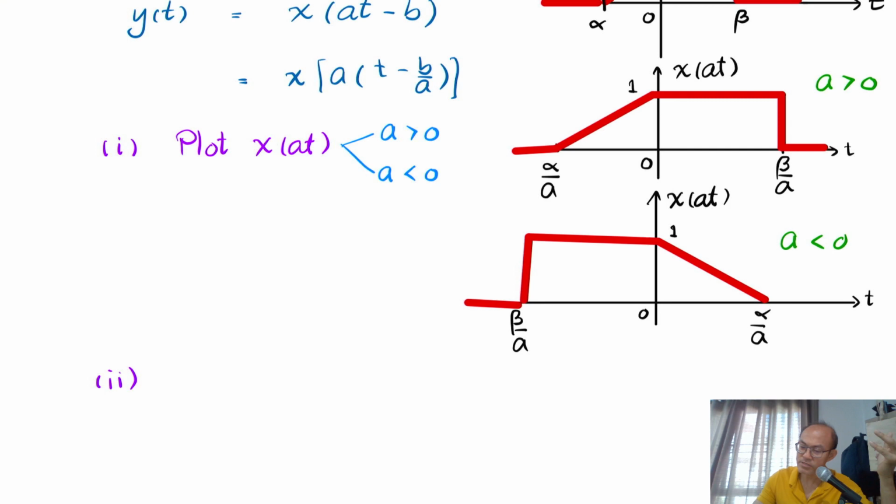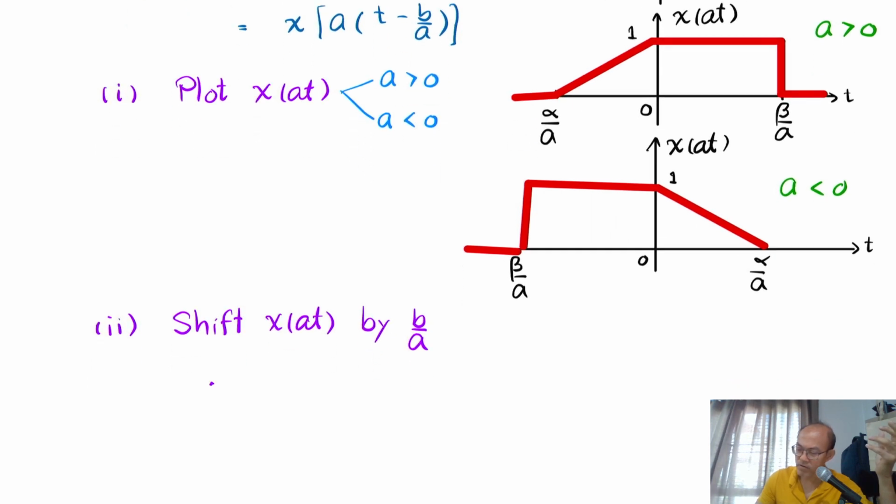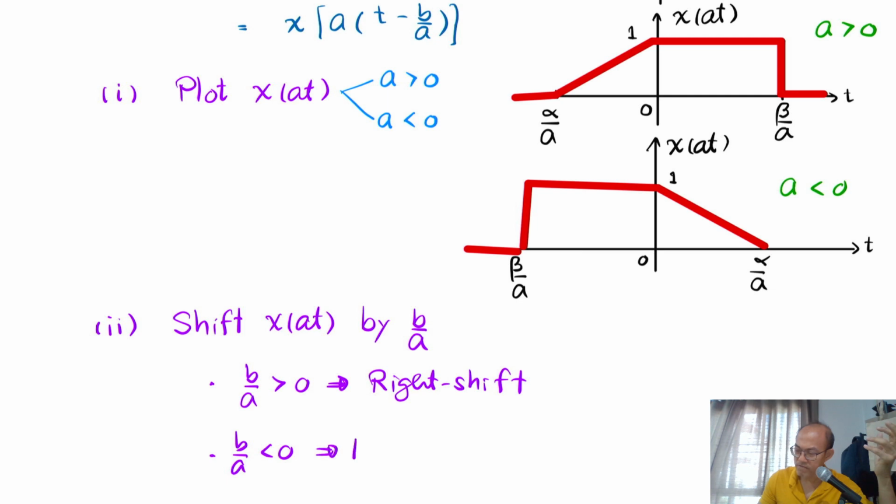So the second step would be to shift x of at that we have by b over a. If b over a is positive, then we do the right shift. If b over a is negative, then we do the left shift.